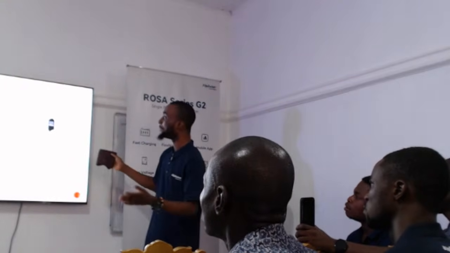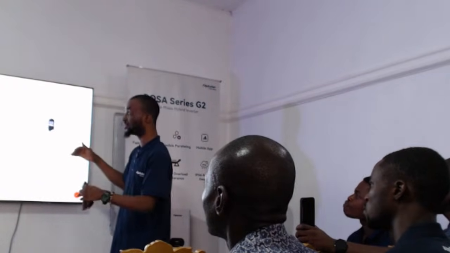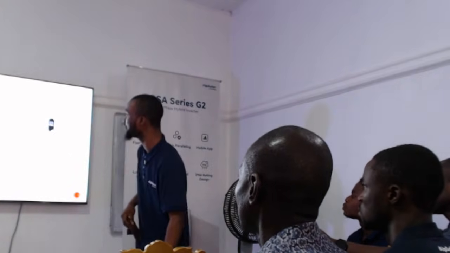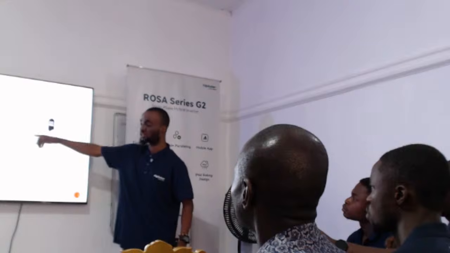So this is the parallel communication interface diagram. If you are paralleling 3 units of our inverter, for example, there is a DIP switch, which you will see inside the inverters when you go downstairs. The inverter in the middle must have the DIP switch down, but the inverters at the beginning and at the end must be up.